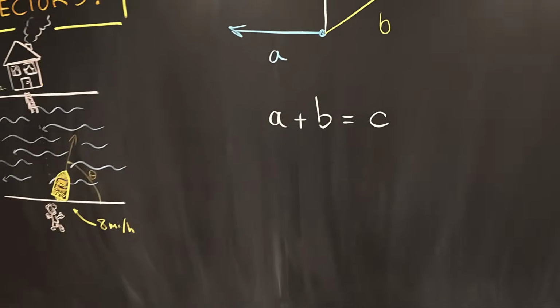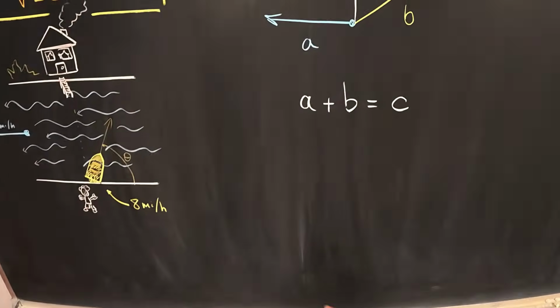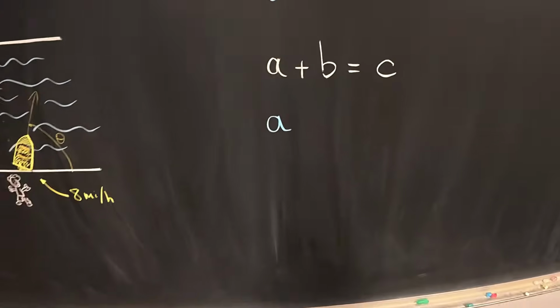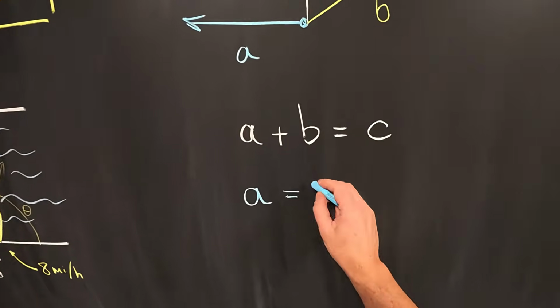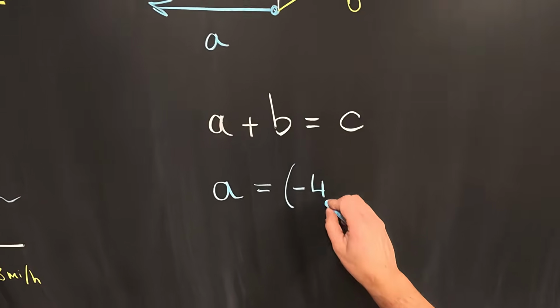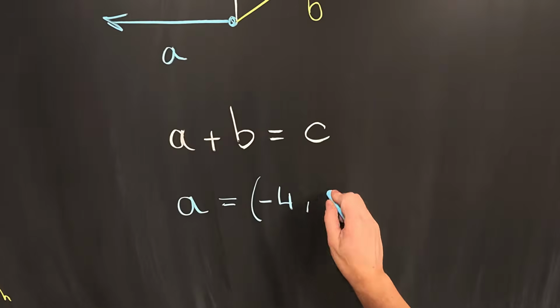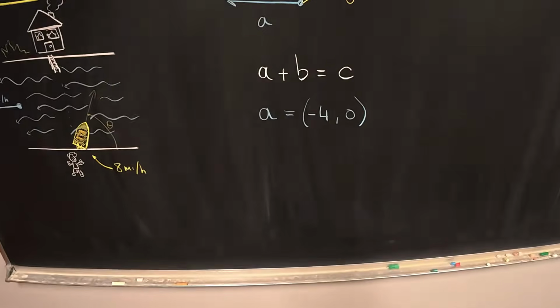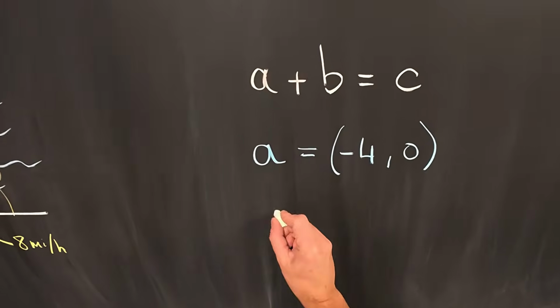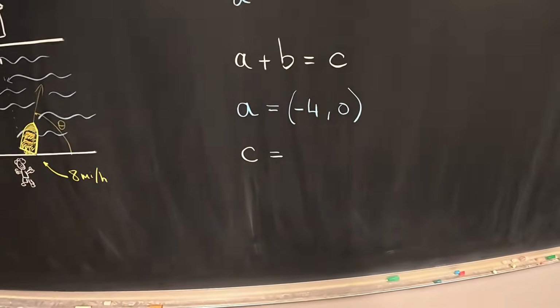So let's put some coordinates to these vectors. First of all, what I know is that the vector A is going to the left. So it's going west by 4. So it is minus 4, 0. And what I want is my vector C to end up being vertical.